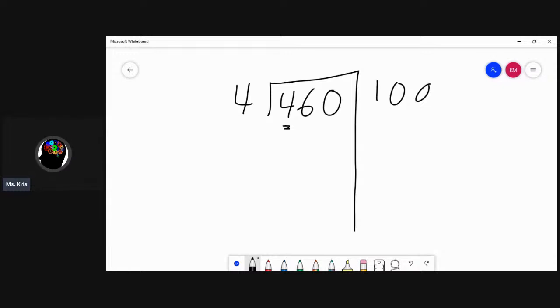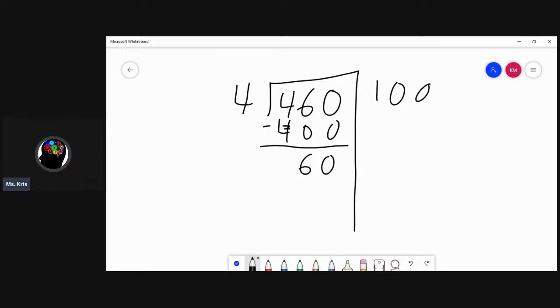Once you find that out, you can then take 400 away from the problem, which will leave you with 60. So now, how many times will 4 go into 60?